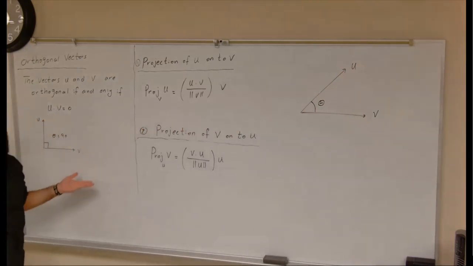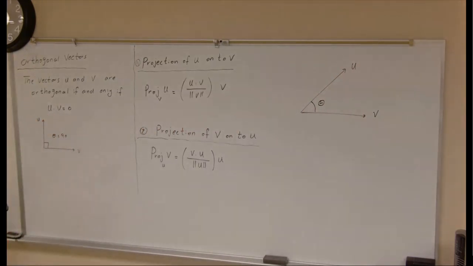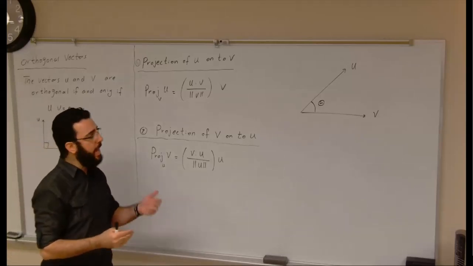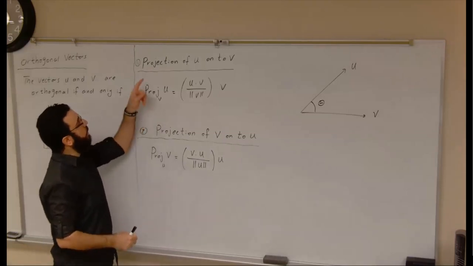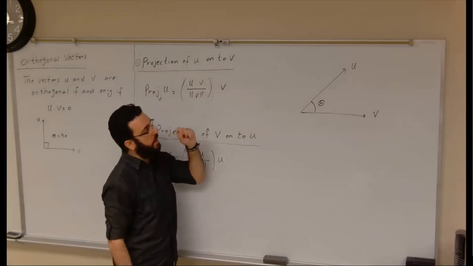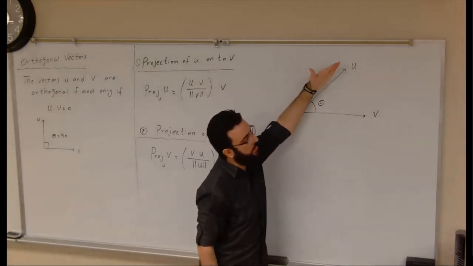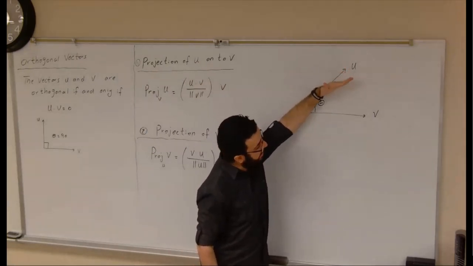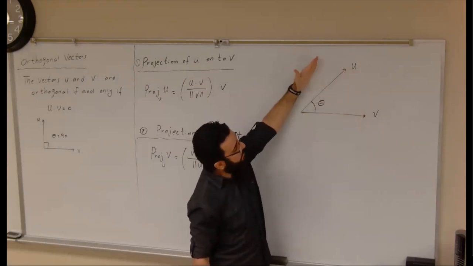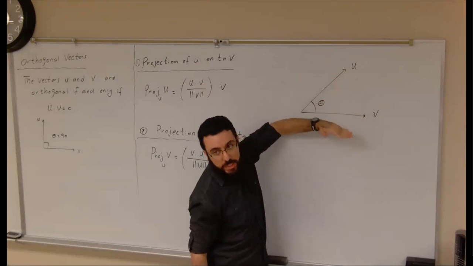We have two types of projection, it depends on which vector you're going to project onto the other vector. If you want to do the projection of u onto v, here's the vector u, I project this vector onto the vector v.